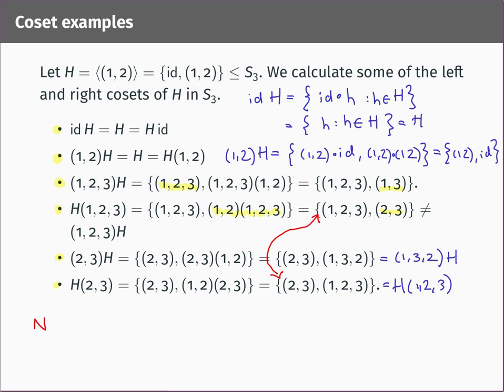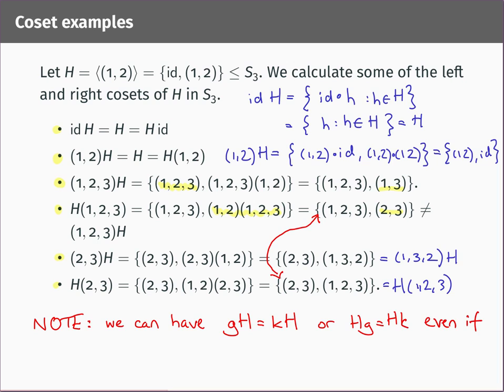So let's notice we can have gH equals kH or Hg equals Hk, even if g is not equal to k. Of course, I meant Hk there. Even if g is not equal to k. So we've just seen an example of that happening.